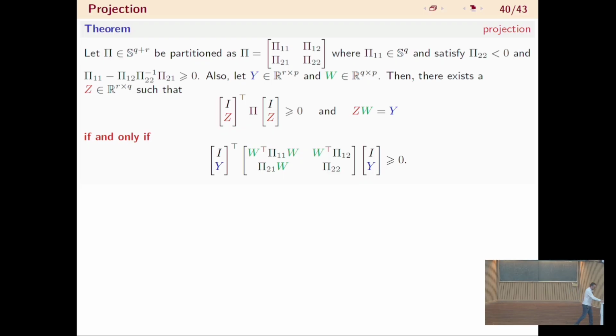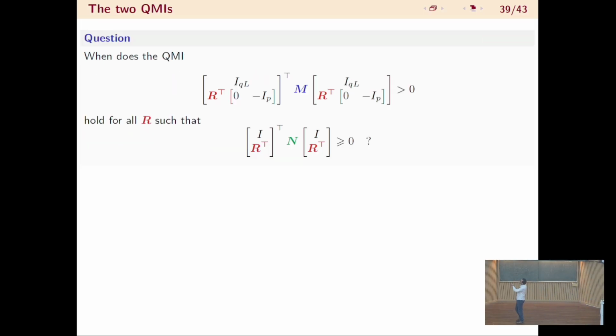And what is the relationship between this projection and what I'm aiming at? You see, here I have the product of R transpose and this constant matrix.